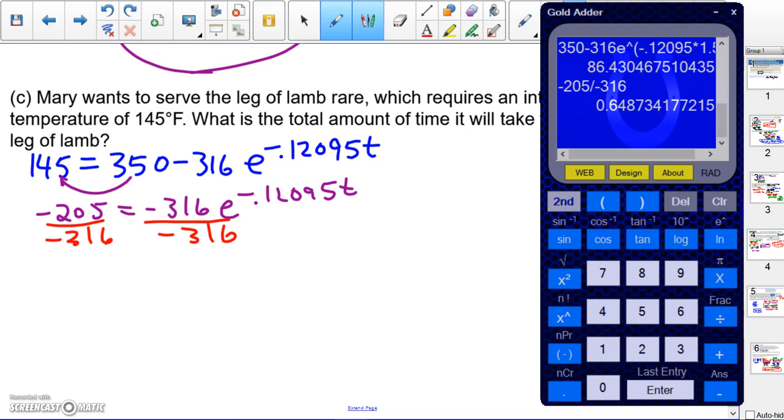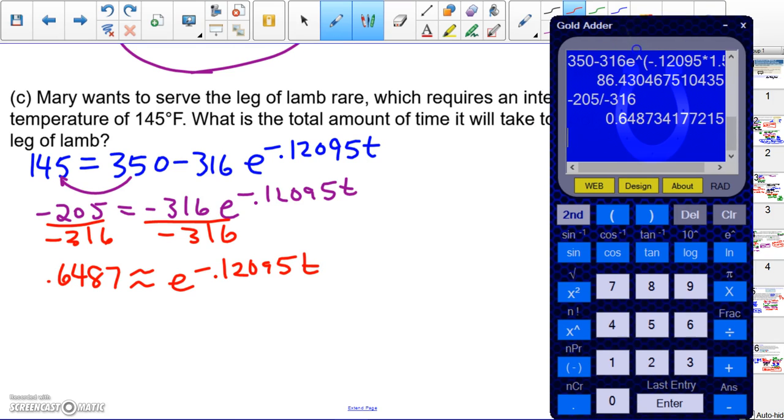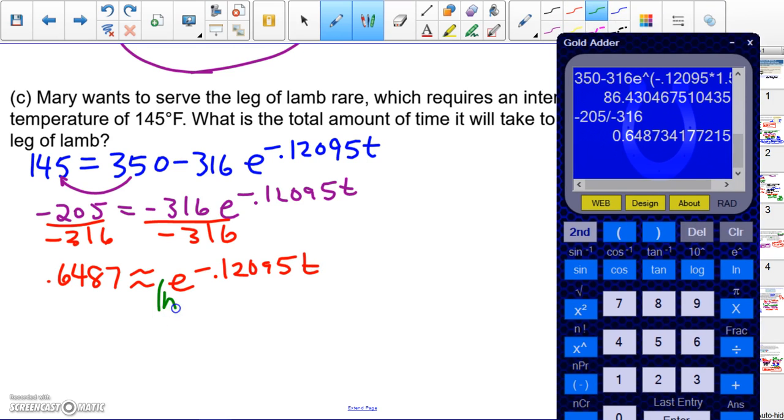About 0.6487. Seems like we keep doing the same things over and over again. Get rid of the e by taking a natural log of that answer.